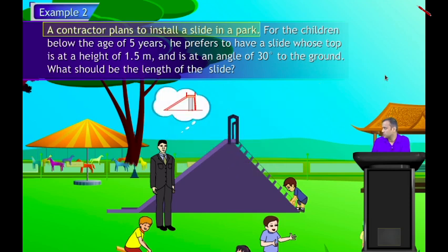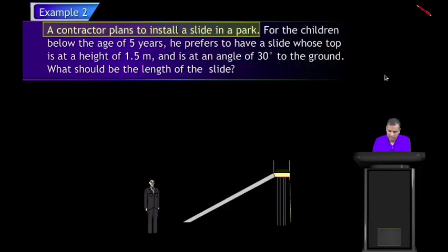So this is again a slide. This is called height, it is called length of slide, and it makes an angle with ground. So again this figure represents which one? Yeah, right angle triangle.